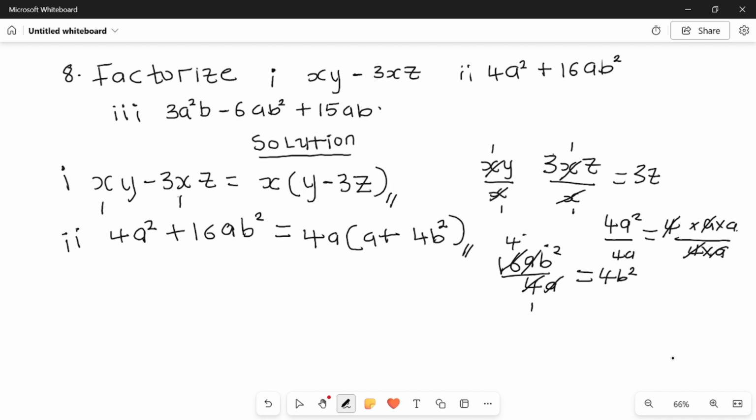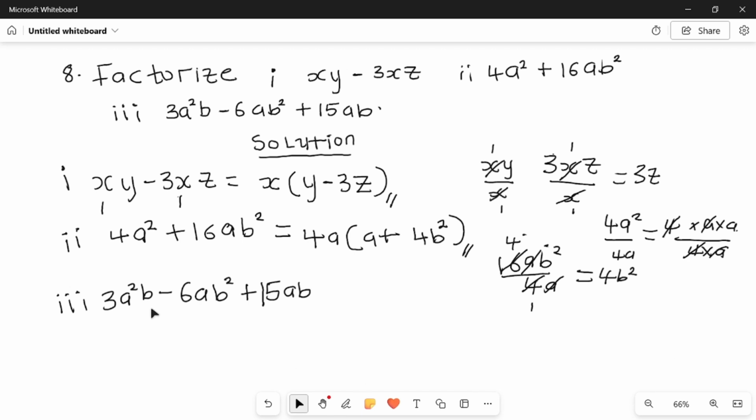And for the last example, we have 3a squared b minus 6ab squared plus 15ab.